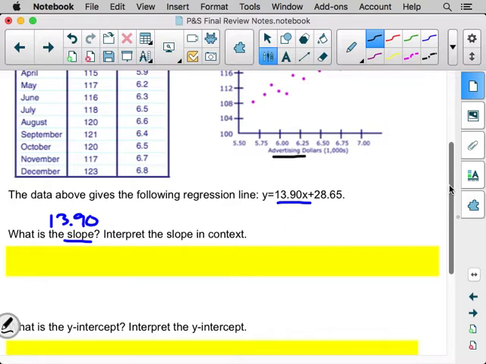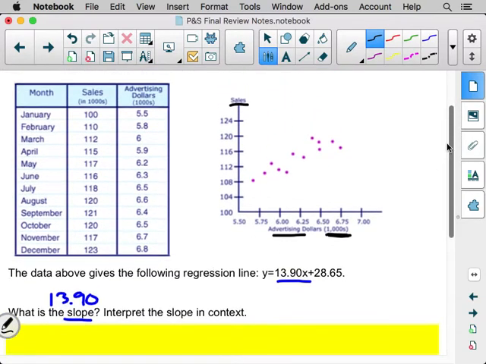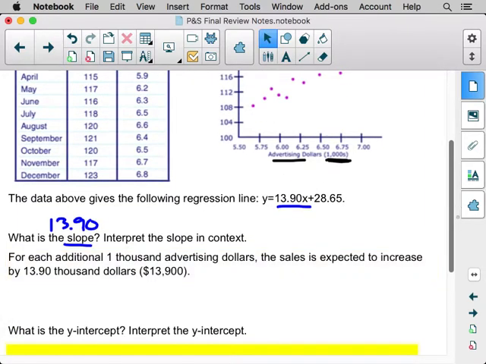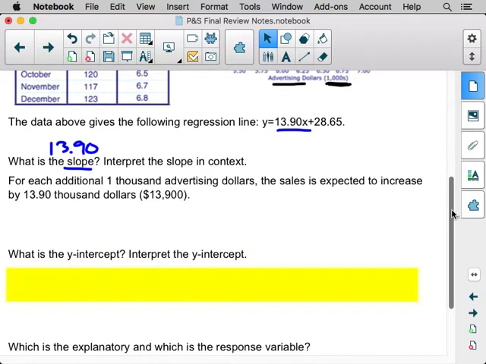But in this case, instead of 1, that's going to represent 1,000. And then sales are predicted to go up by 13.9. So for each additional $1,000 in advertising, sales are expected to increase by 13.9, or AKA $13,900.